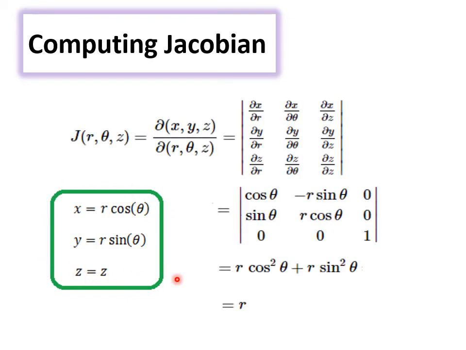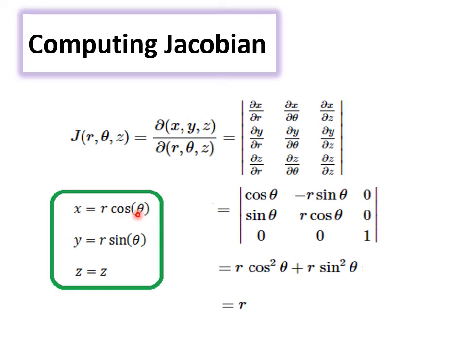Take the definition of Jacobian for three variables. Compute the partial derivative for x with respect to r theta z, y with respect to r theta z, derivative of z with respect to r theta z. So you will get the first row as cos theta, r sin theta with a negative sign, and 0.